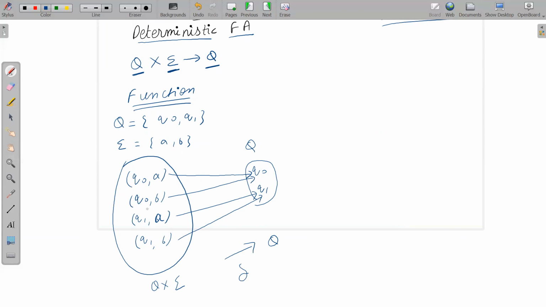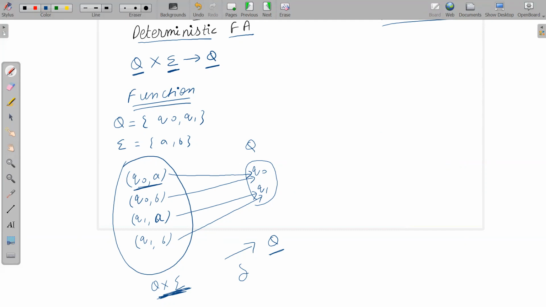Since it is a function from Q cross sigma to Q, I cannot leave any element of Q cross sigma. I have mapped each and every element from Q cross sigma to Q, and the mapping is with exactly one element. So Q naught comma A can be linked with exactly one element. It cannot be linked with two or more elements.